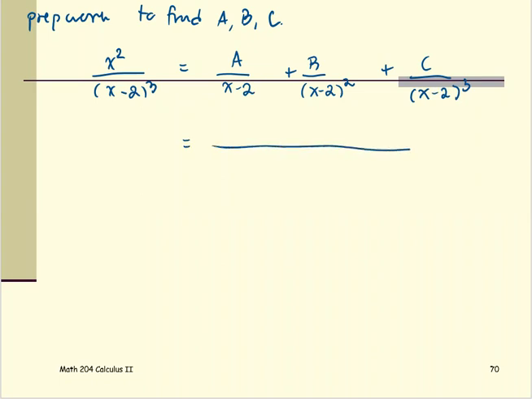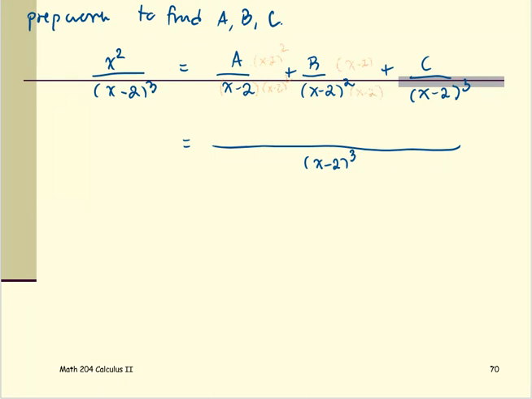Same process. You gather the 3 terms back into one fraction. So the common denominator would be the power 3. If the common denominator is the power 3, that means I'm going to multiply the first term by x minus 2 to the power second. I'm going to multiply the second fraction by x minus 2, both top and bottom.